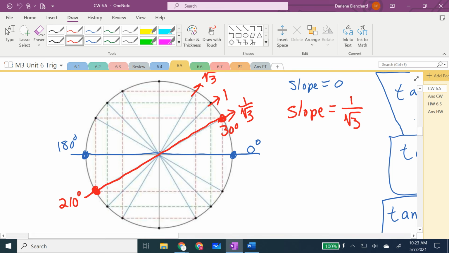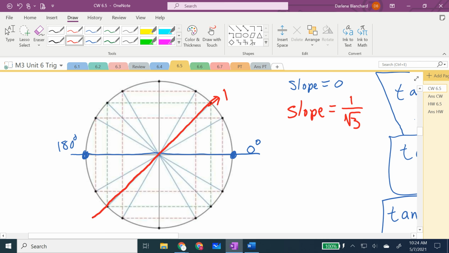If I draw a line through the origin that has a slope of 1, so I'm going to erase some of this. If I draw a line that has a slope of 1, that's going to show me which angles give me a value of tangent being equal to 1.